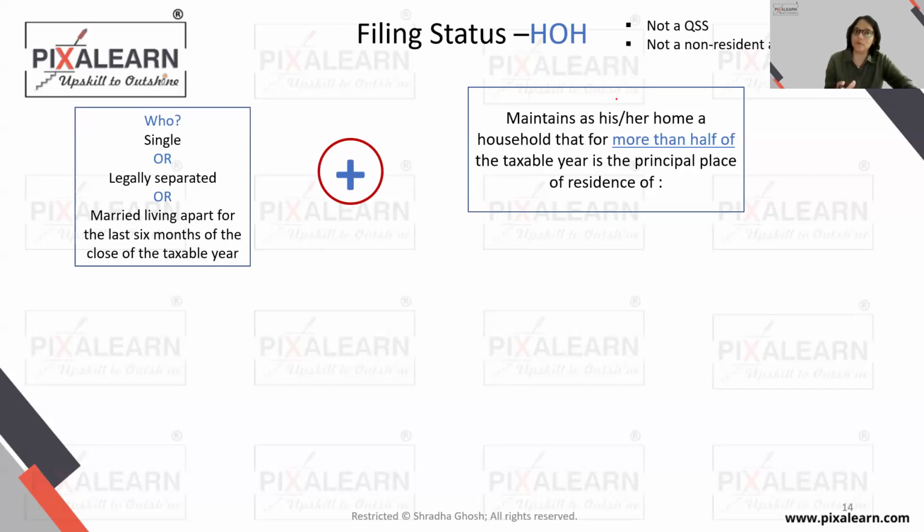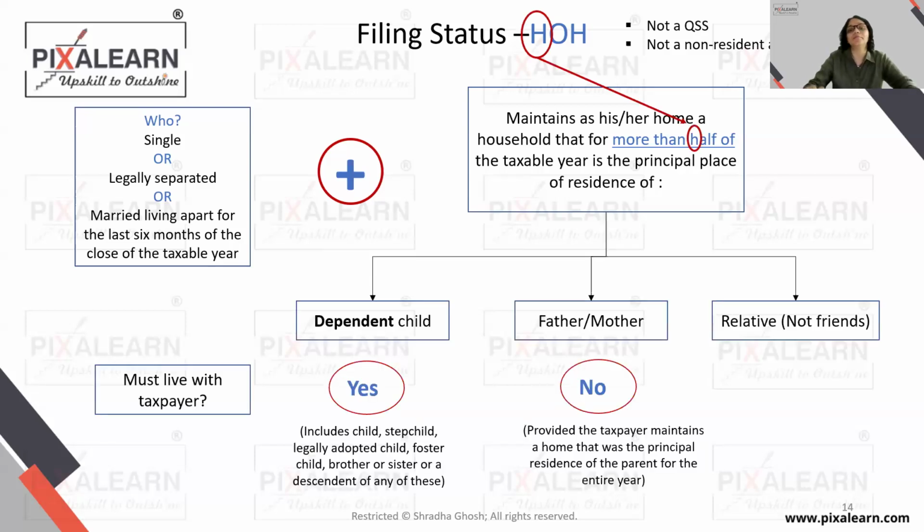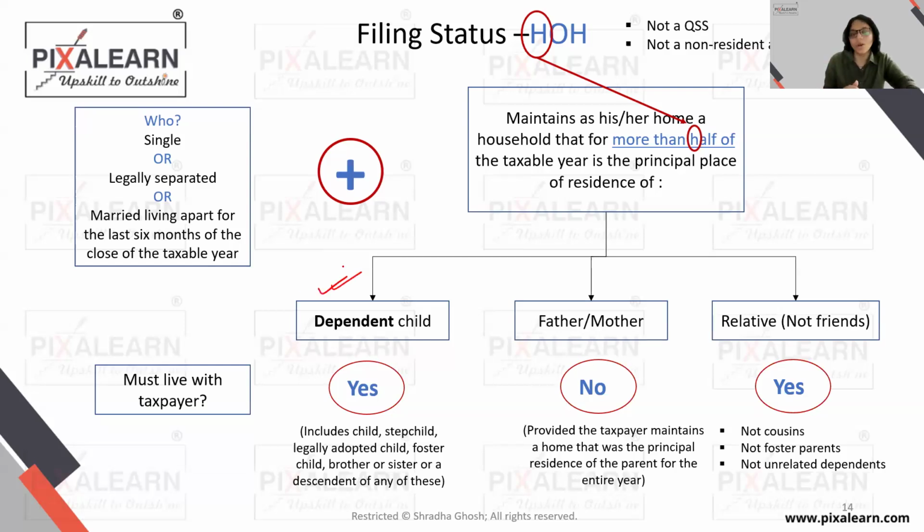Remember, this is not for the full year, it is for more than half of the taxable year. You're maintaining a house where, if it's a dependent child, this person has to stay with you, or if it's a relative, the person has to stay with you. The only exception is a parent, who need not stay with you.